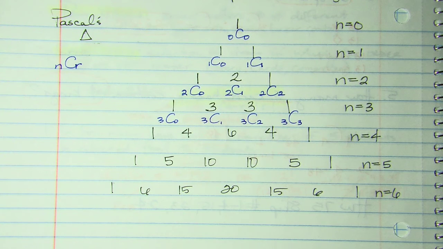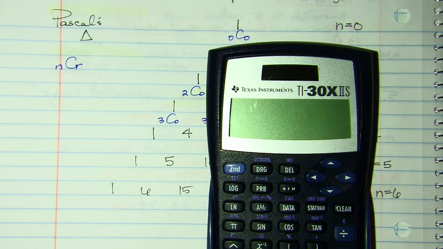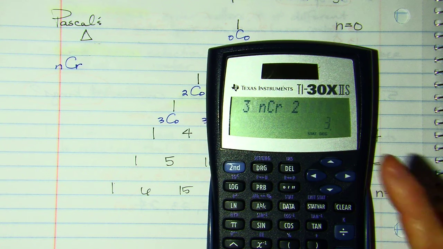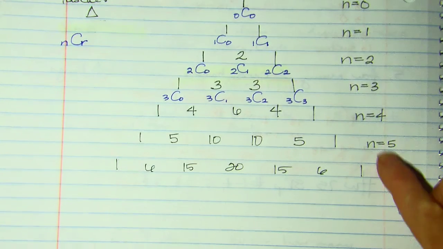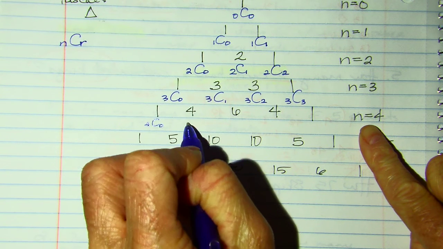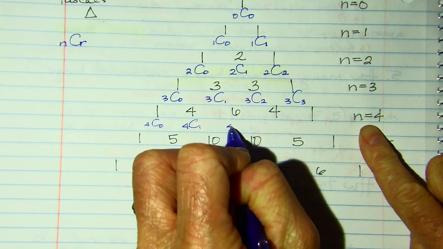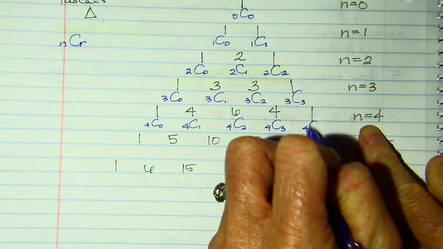And remember, these have an equivalent value. So if I was to enter 3C2, I should get 3. So 3, whoops, I have to turn it on, 3C2, and I get 3. So they have an equivalent value. So this next row, n is 4. So this is 4C0, 4C1, 4C2, 4C3, 4C4.